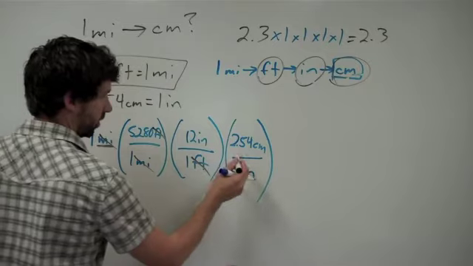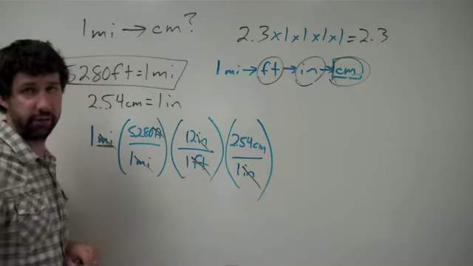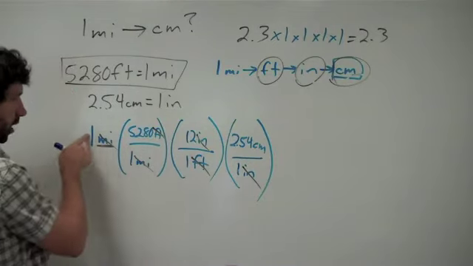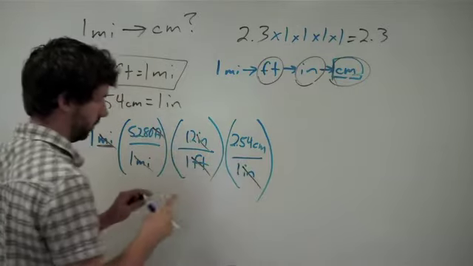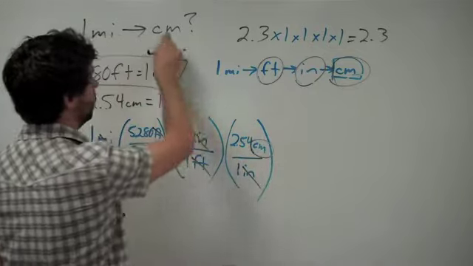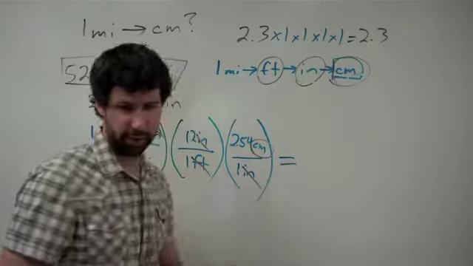Now this was a slightly easy example in that you'll notice all we're doing is dividing by 1 every time. So to figure out our final solution here, we just need to take our original 1 times 5,280 times 12 times 2.54, and you'll notice the only unit not crossed off is centimeters, the one we want to end up with. So, I'm going to take my calculator.